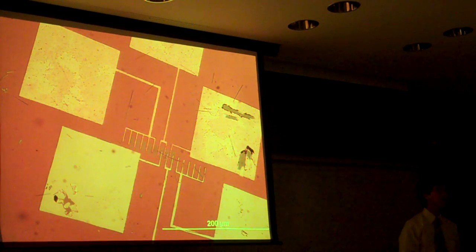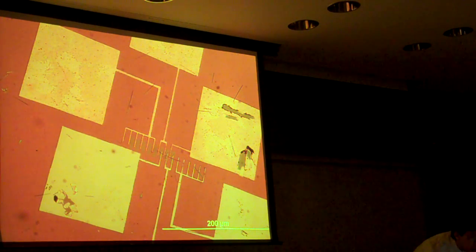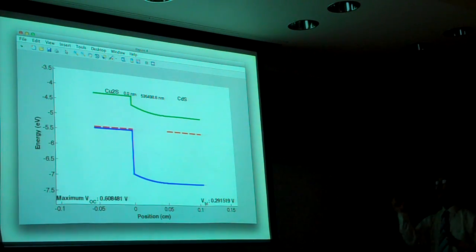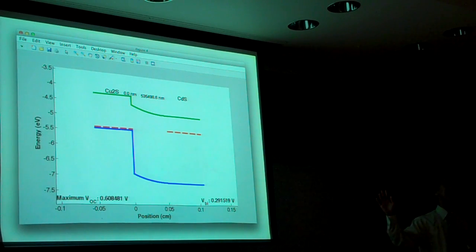Trevor? Why does your graph that you plotted from your data look different than the textbook? Because the textbook is like moving right down and there's kind of like a sudden drop. So let me go to that slide. This one? Yeah. So with copper sulfide and cadmium sulfide, the cadmium has a very low carrier concentration. So what happens is it doesn't have a lot of electrons per unit volume.